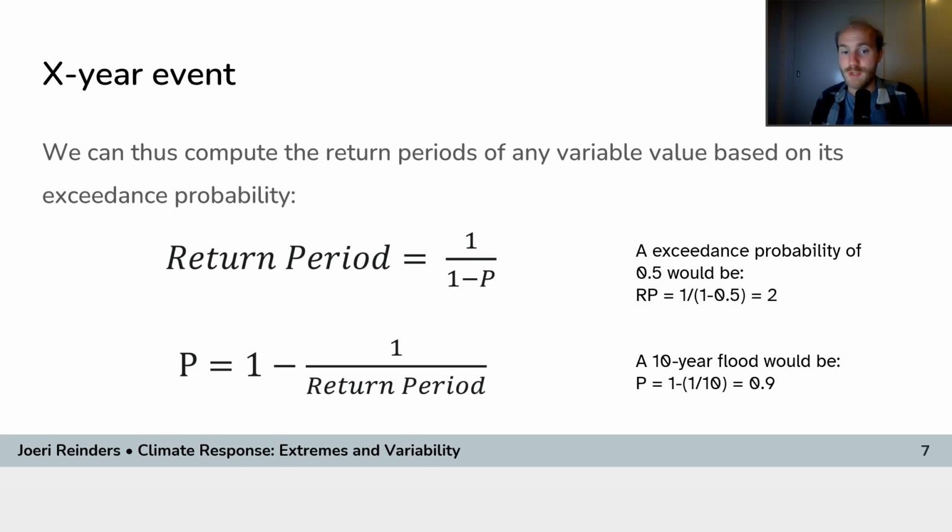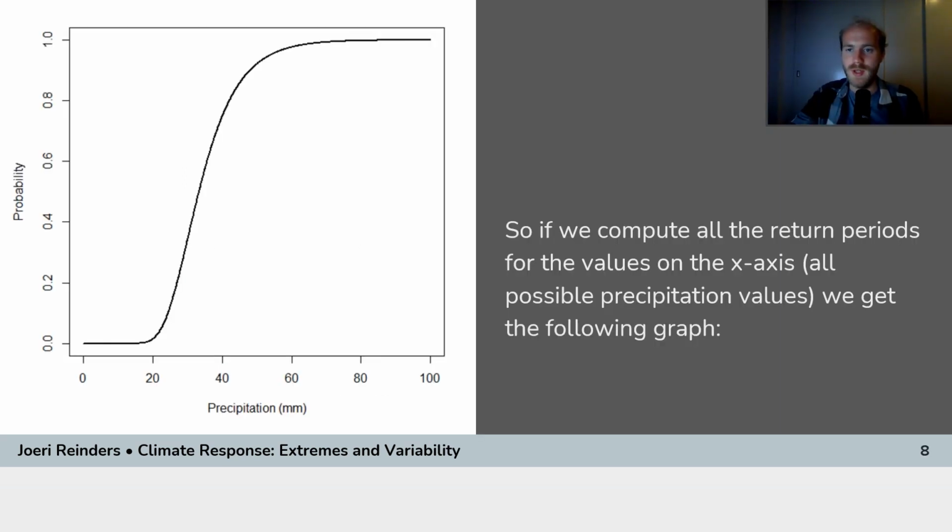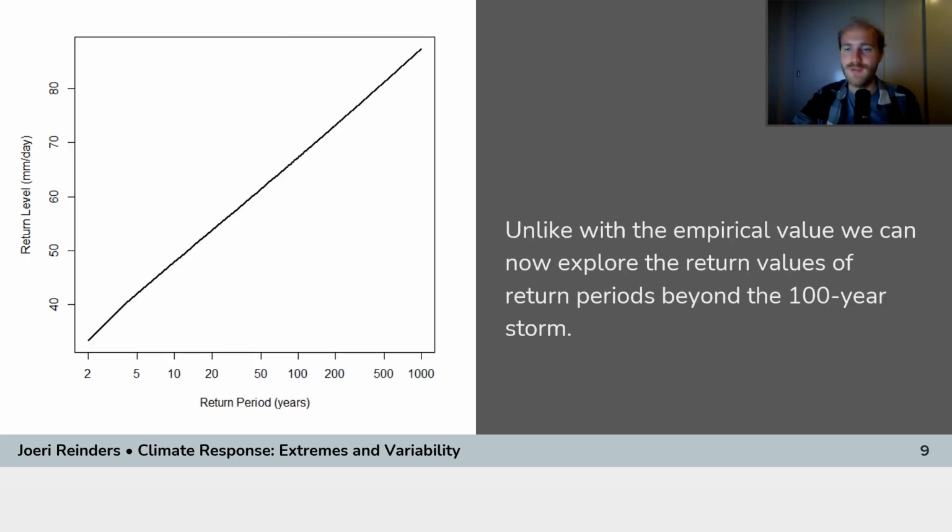Or if we have a return period and we want to know its exceedance probability, then we can do 1 minus 1 divided by the return period. For example, for the 10-year flood, P is 1 minus 1 divided by 10, so 0.9. So we can compute all the return periods for the values on our x-axis, our return values. And then we get something like the following graph.